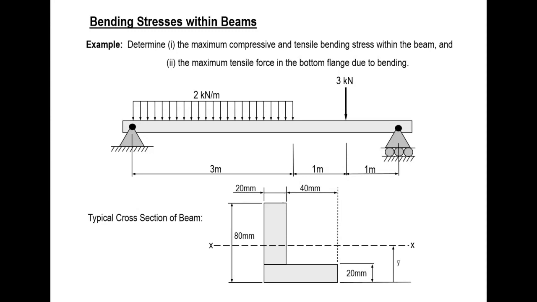So here I summarize the steps for you. The first step is reactions. The second step is the shear force diagram and bending moment diagram. And then I find the bending moment at X star.